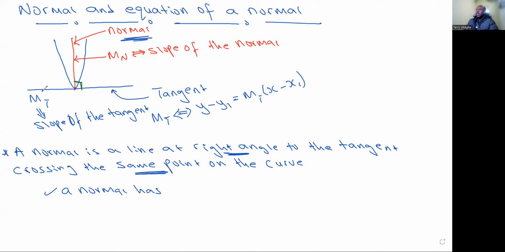So mt is the slope of the tangent, while mn is the what? The slope of the normal. That means the normal must have a perpendicular gradient to the gradient function.